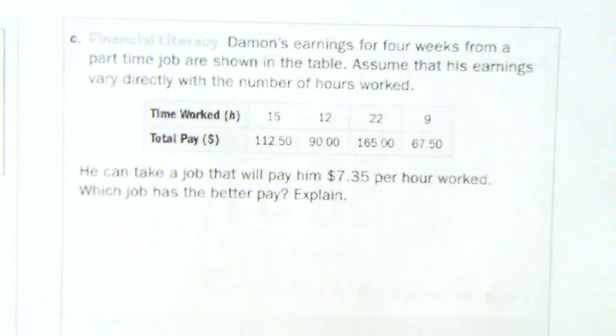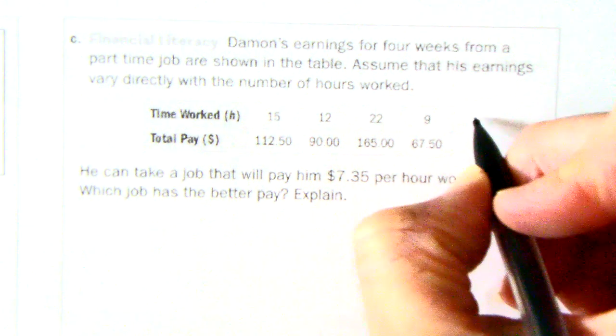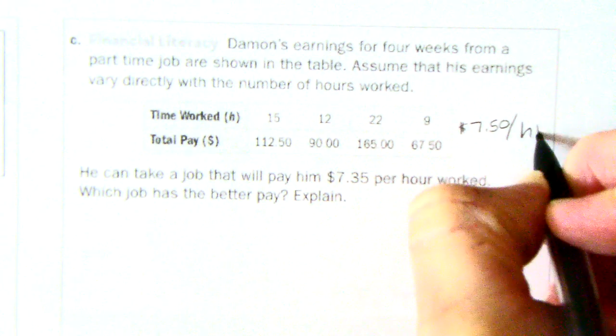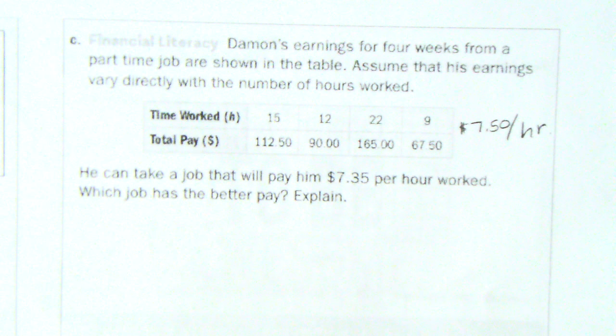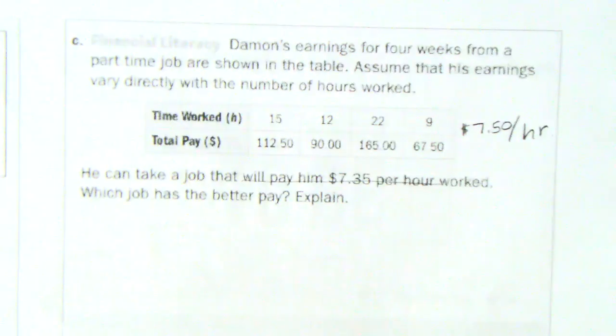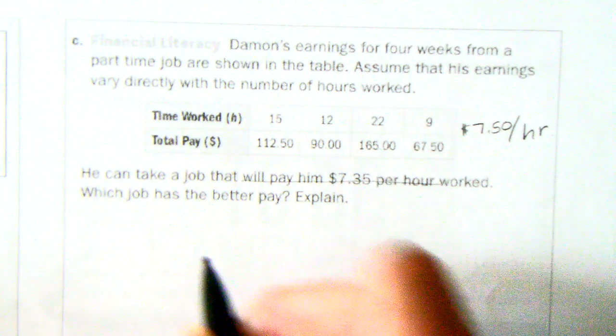So he's making $7.50 per hour for that one. Now, he can take a job that's going to pay him $7.35 per hour. So in this direct variation, they just told us what his rate was, what his ratio was. Which job has better pay?